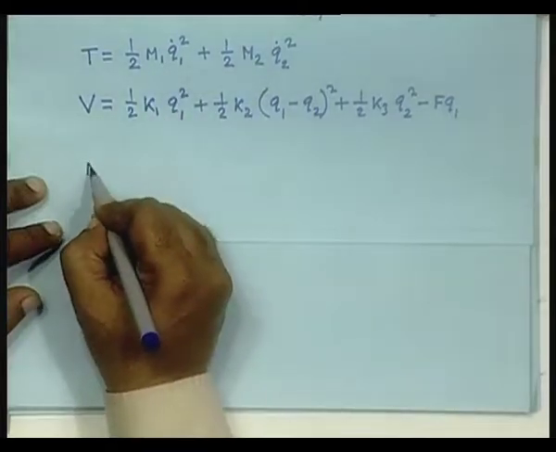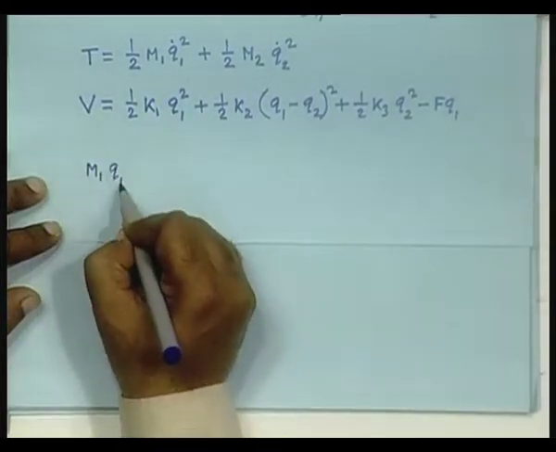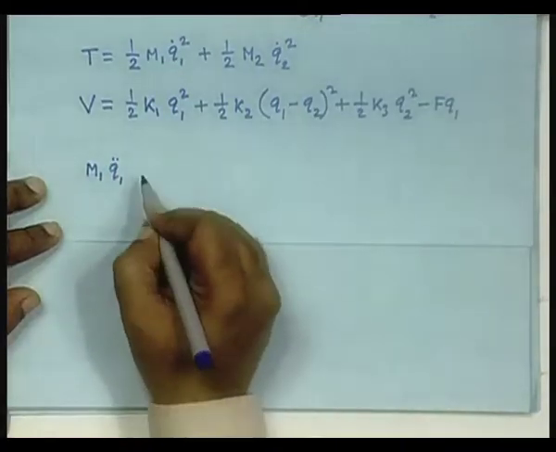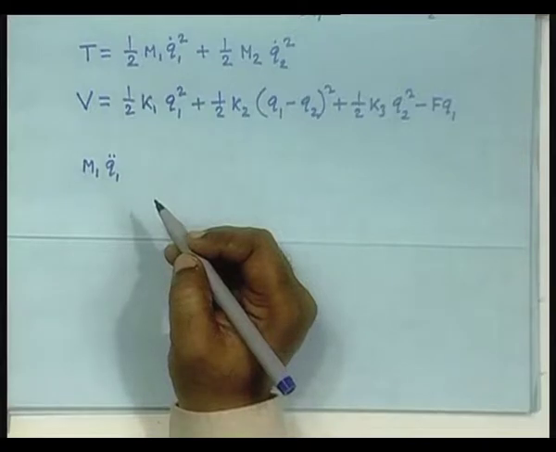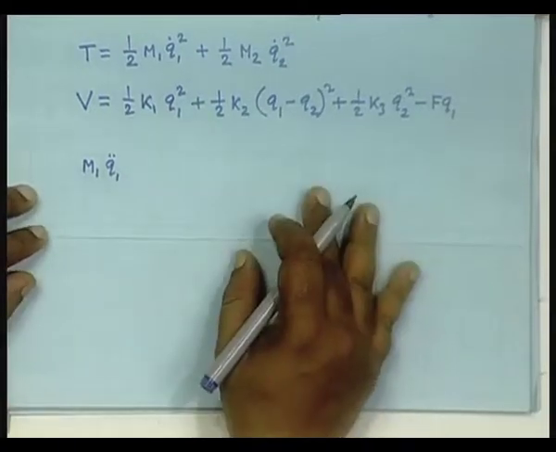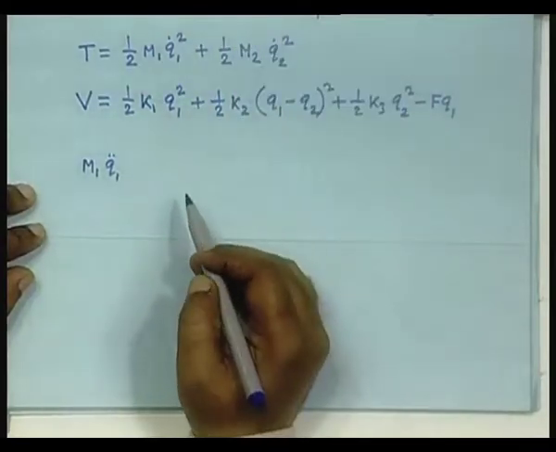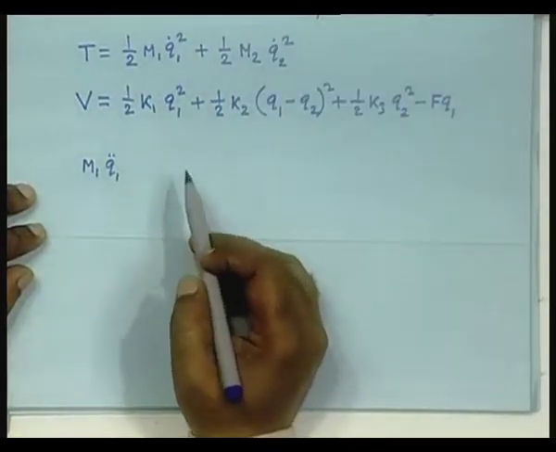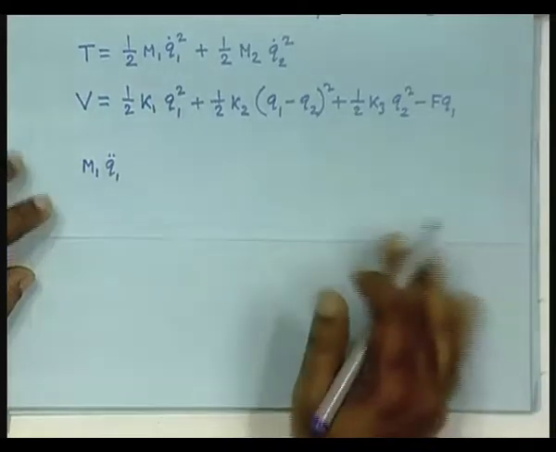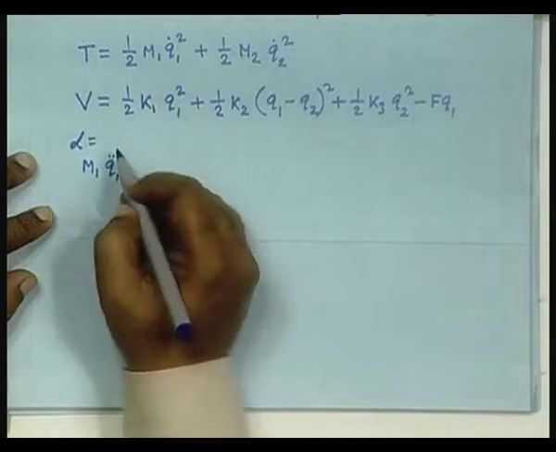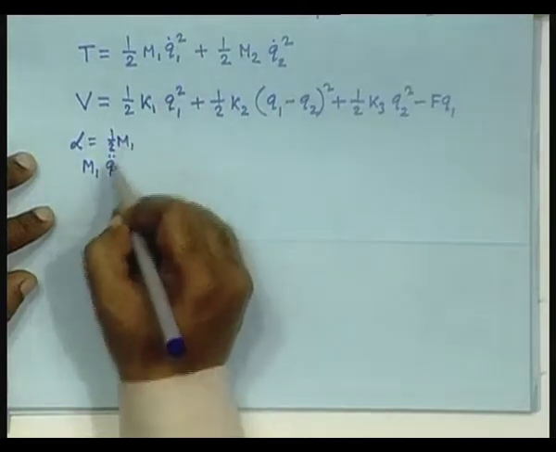So, m1 q1 double dot, that is the first term. The second term would be this, where I will be interested in, okay, let me write down the Lagrangian, else it becomes problematic. This minus this, half m1, right, later.